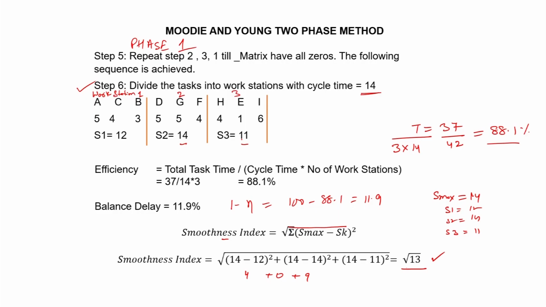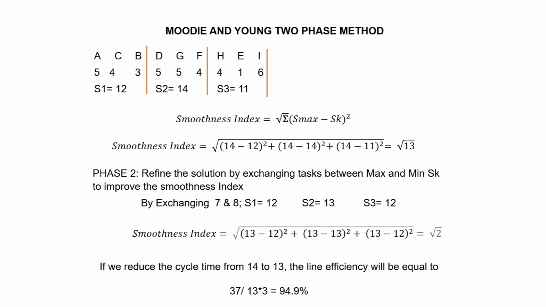Like in this case, if I interchange, obviously without violating the precedence relationship, can I interchange one of the elements of 5 and 4, D and H, or G and H?